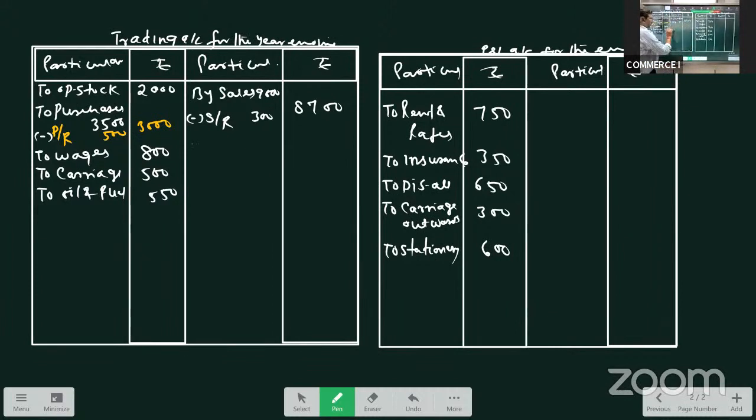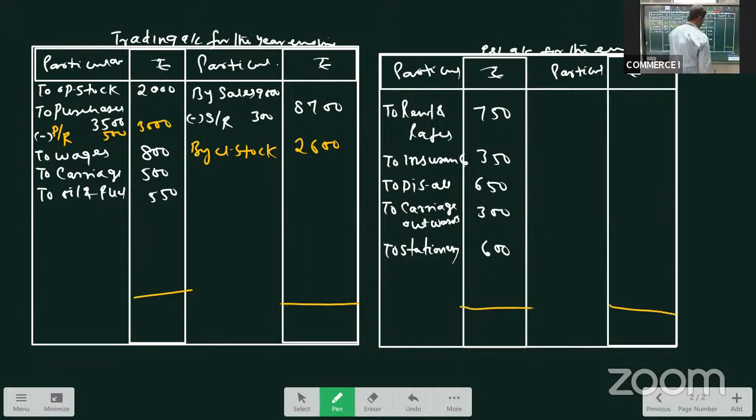Once in the trading account by closing stock, 2,600, and then again in the balance sheet. So it is not a part of trial balance. Remember this, it's an adjustment entry. So now let us close trading account and P&L account. Then we will take up the balance sheet.